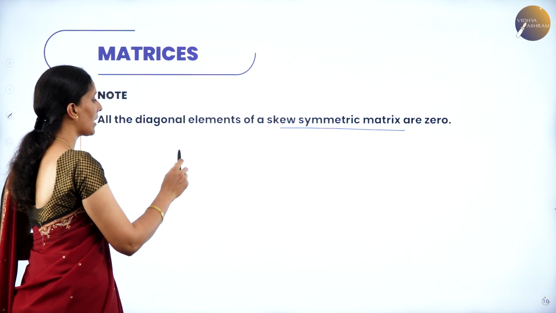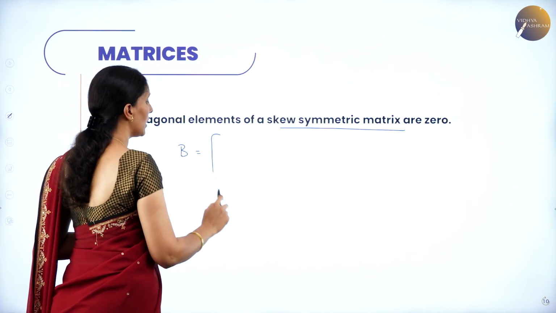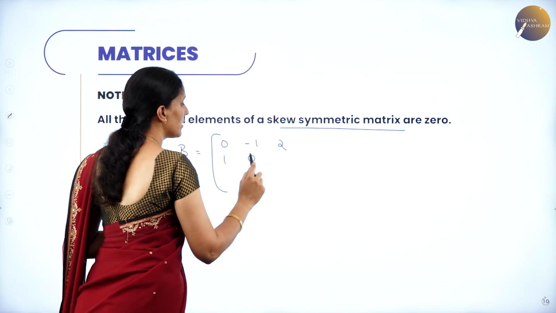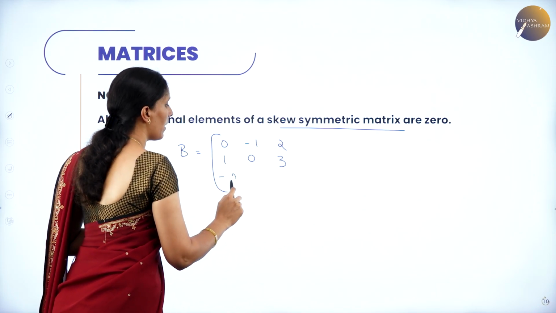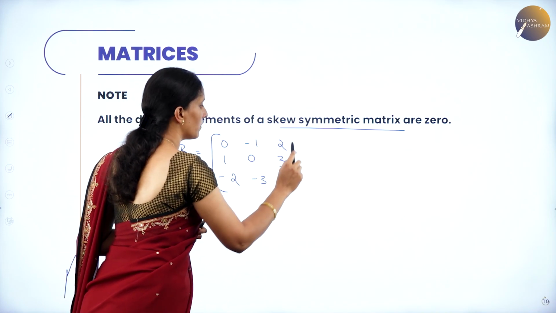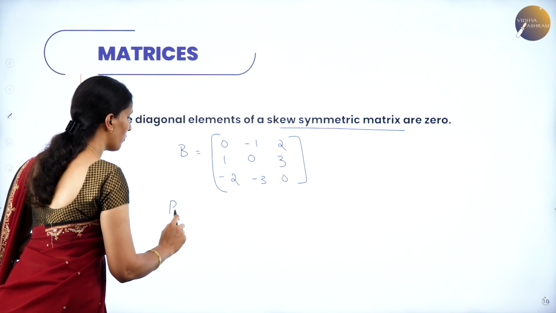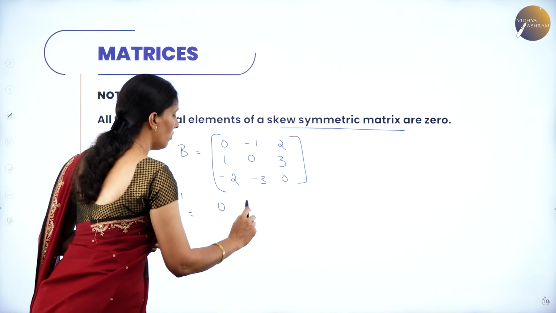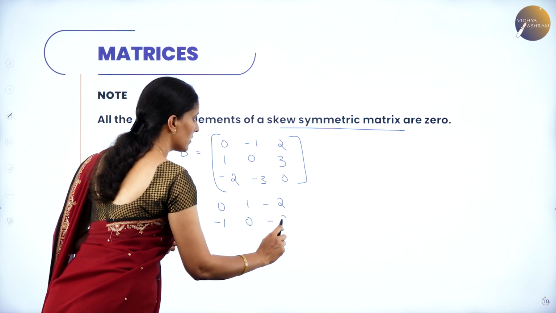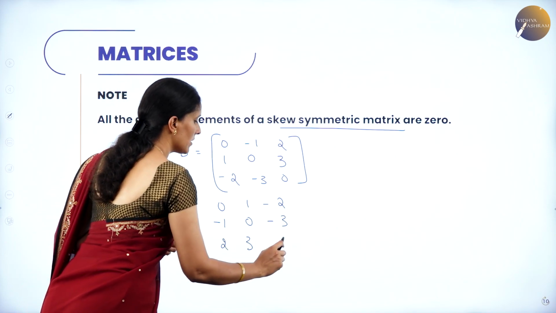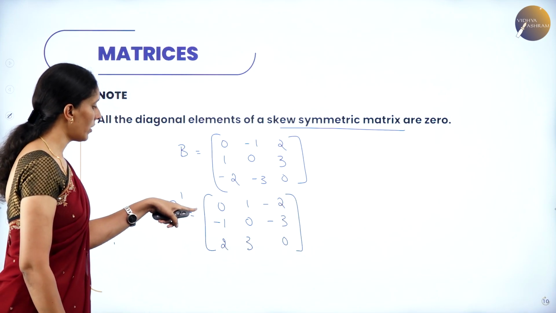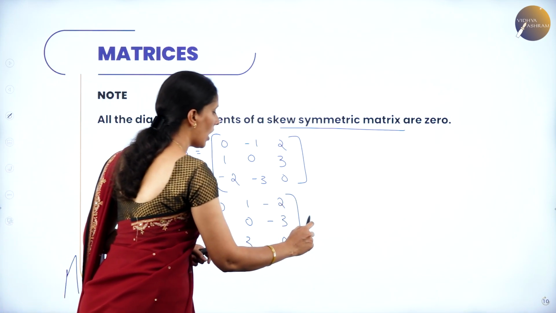So therefore, let me take an example of B. So here it is 0, minus 1, 2, 1, 0, 3, minus 2, minus 3, 0. Take the transpose of this matrix. So it is 0, 1, minus 2, minus 1, 0, minus 3, 2, 3, 0. So this is not equal, but take minus outside here.